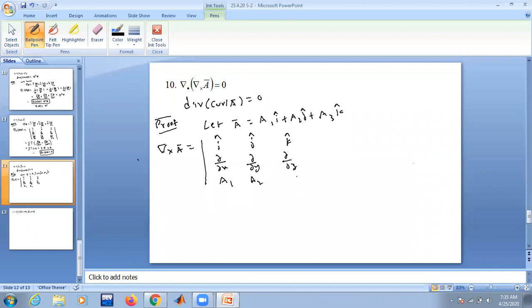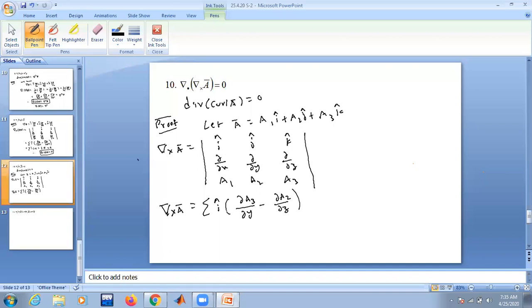And this I can write as summation i into dou a3 by dou y minus dou a2 by dou z. If I want the remaining terms, I use cyclic order.